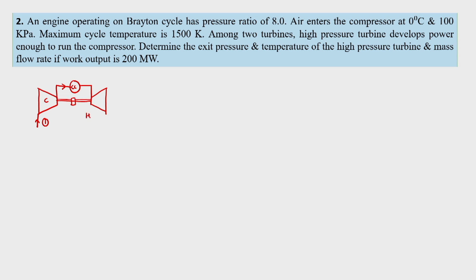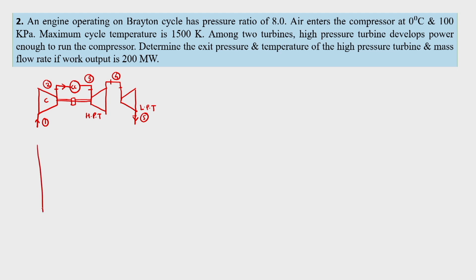So this is the high pressure turbine, and from that air goes to the low pressure turbine, and then it goes out as exhaust. So 1 to 2 is the compression process, 2 to 3 is heat addition, 3 to 4 is the high pressure turbine, and 4 to 5 is the low pressure turbine.